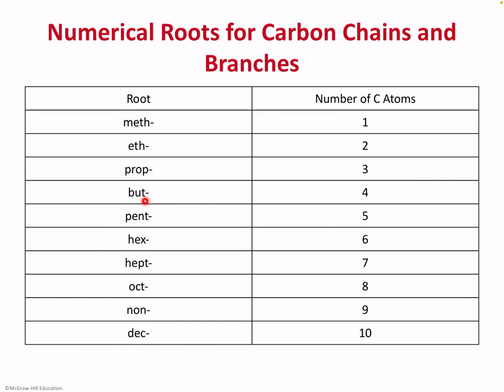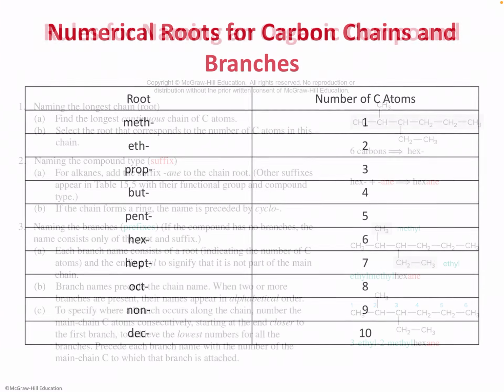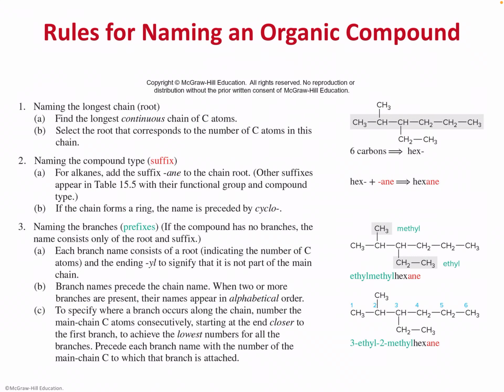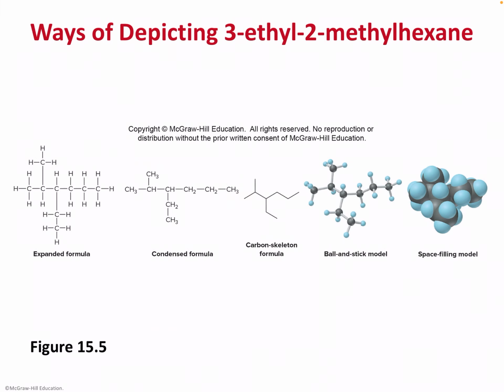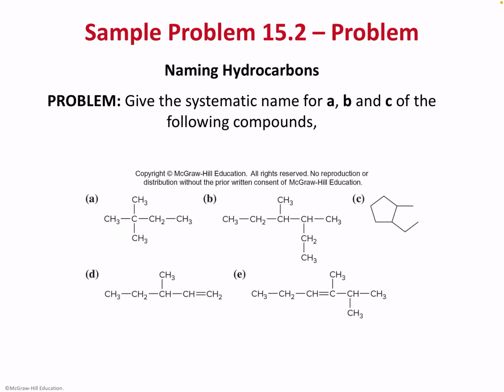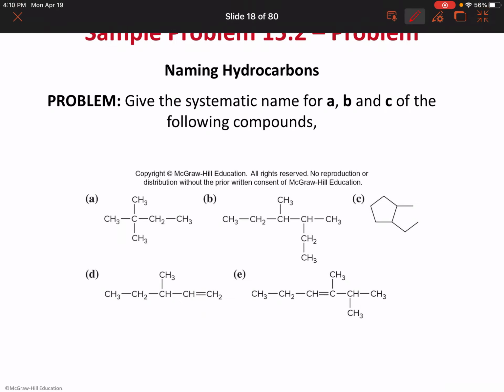Since all of these are single bonds and it is an alkane, how do you name an alkane if it is but? Butane. So that is butane. But is the root name and the suffix is ane because it's an alkane, so butane.